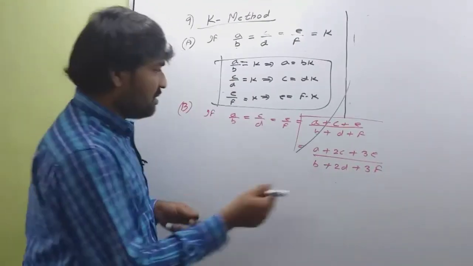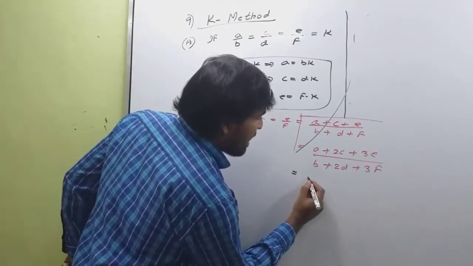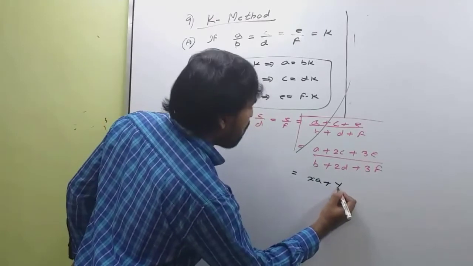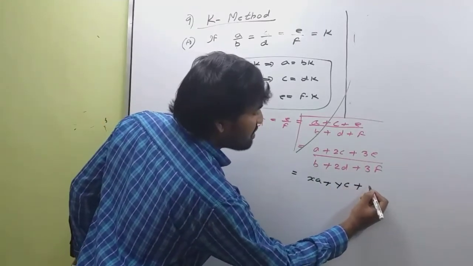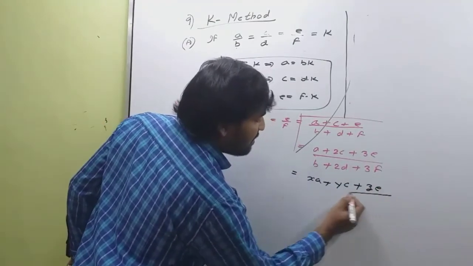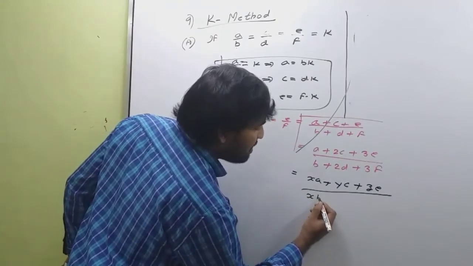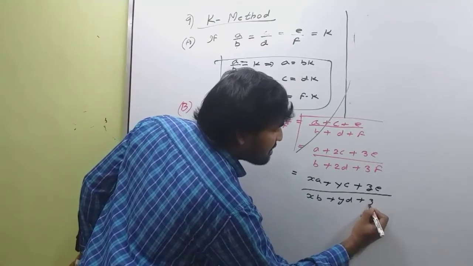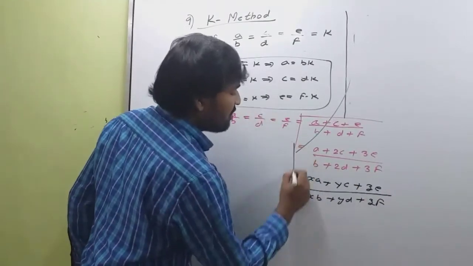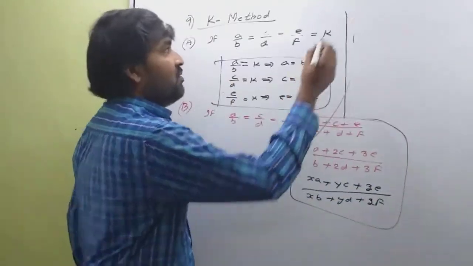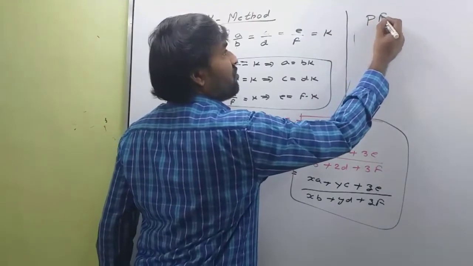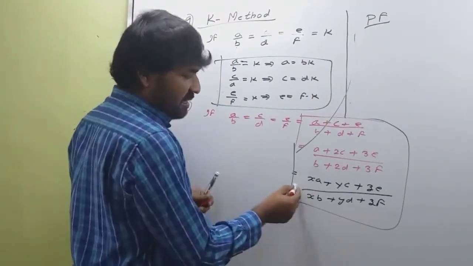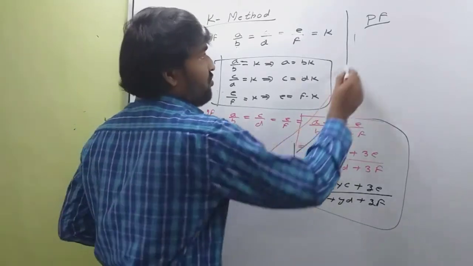This is equal to XA plus YC plus ZE divided by XB plus YD plus ZF. These all are same. For proof, consider the third case.